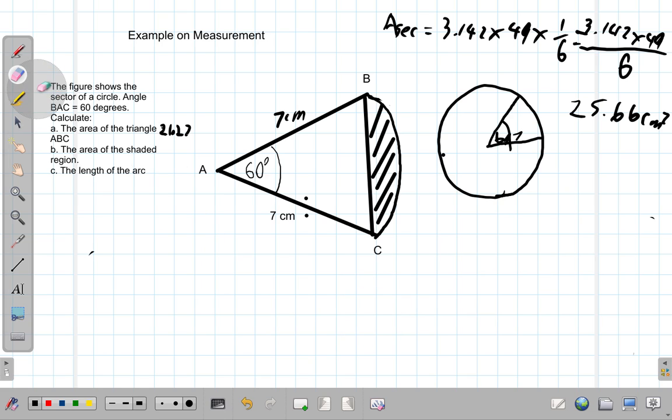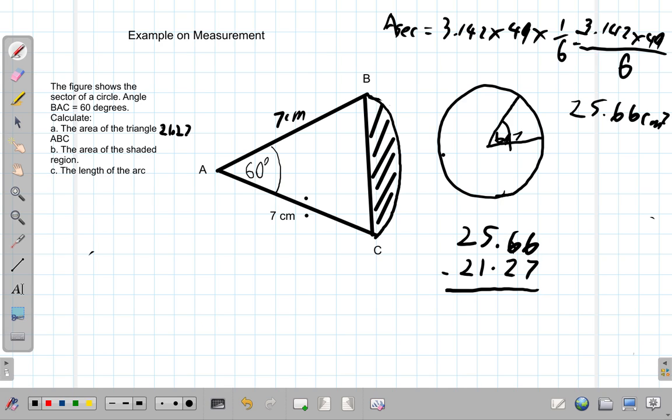For the whole sector it is 25.66, for everything. Then the triangle alone is 21.22. So to find the shaded area, we remove the triangle from the whole sector and we have just the shaded area left, so we subtract.